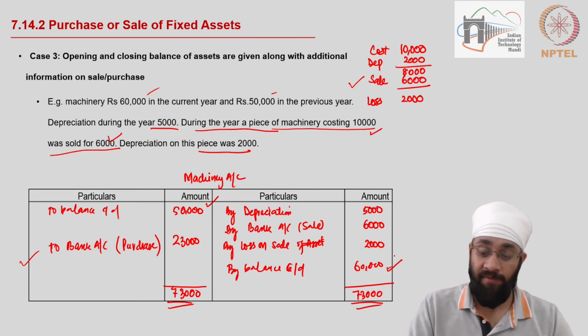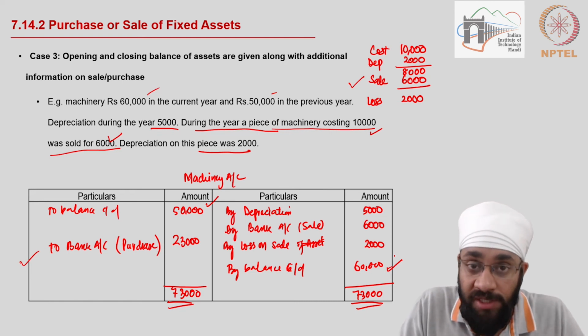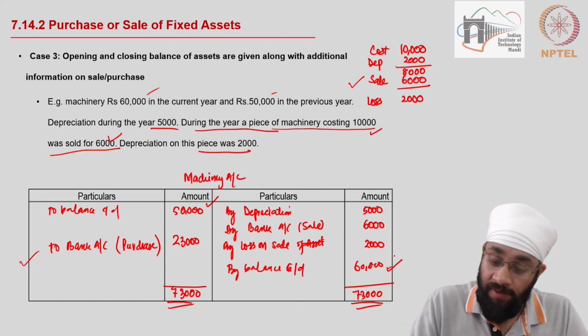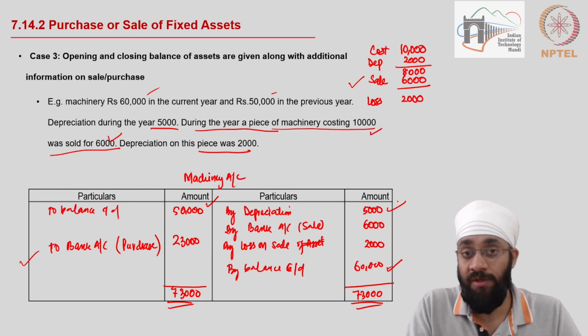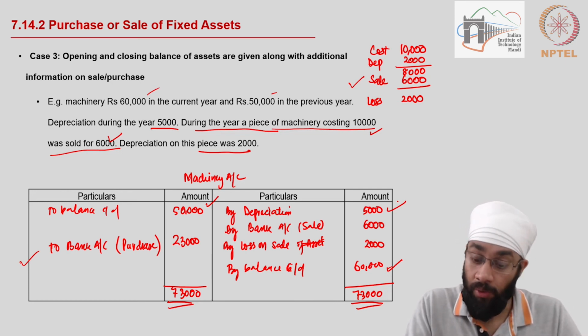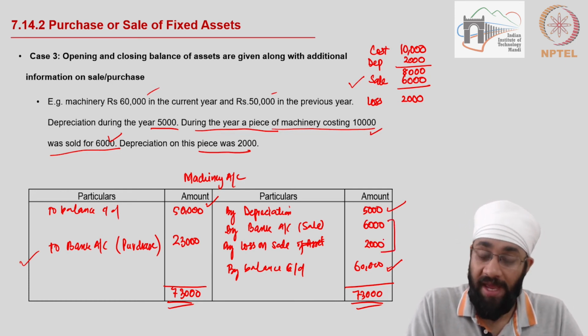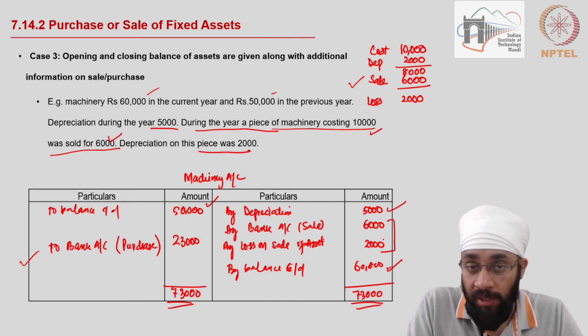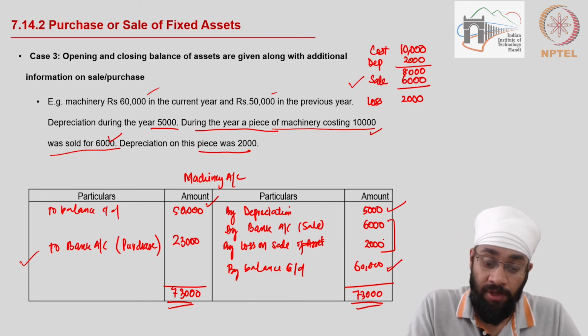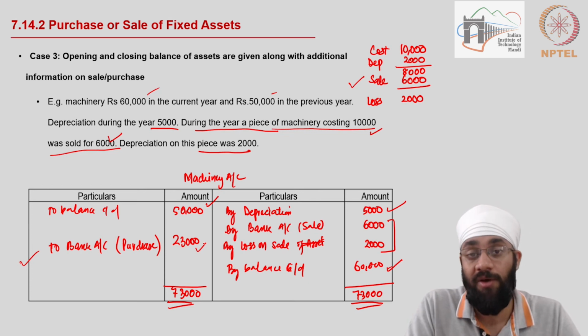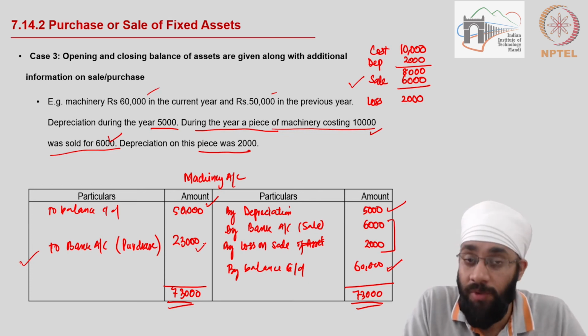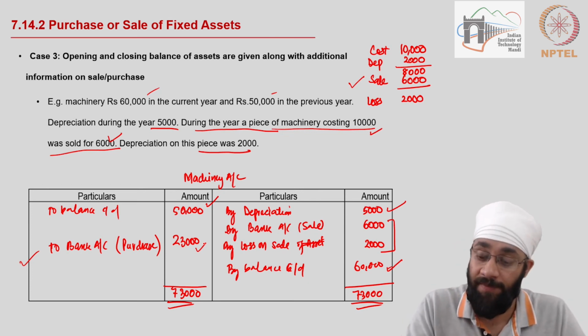So you would have said that 10,000 is the purchase of the asset, but no. There was depreciation due to which the value of the machinery went down during the year, and also an asset was sold during the year, so again value went down. So effectively 23,000 is the value of the new machinery that you have purchased during the year.